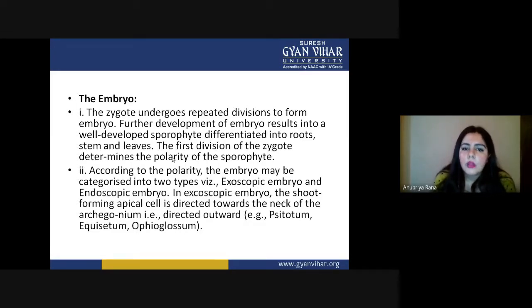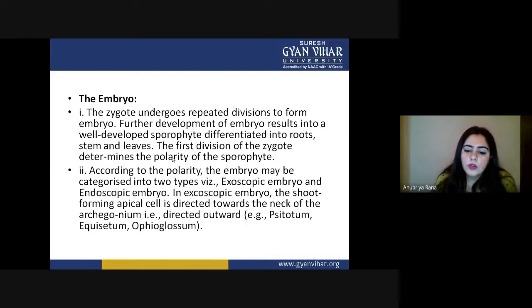On the basis of polarity, the embryo may be categorized into two groups: exoscopic embryo and endoscopic embryo. In the exoscopic embryo, the shoot-forming apical cell is directed towards the neck of the archegonium, or directed outwards.